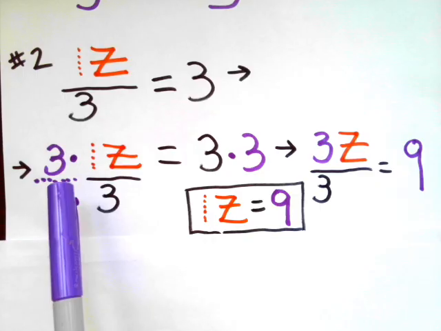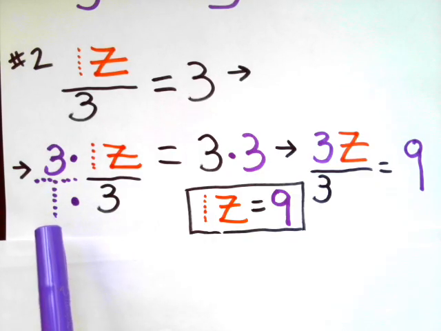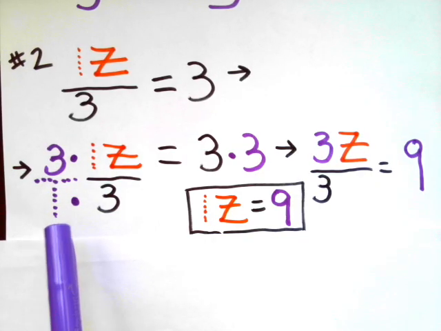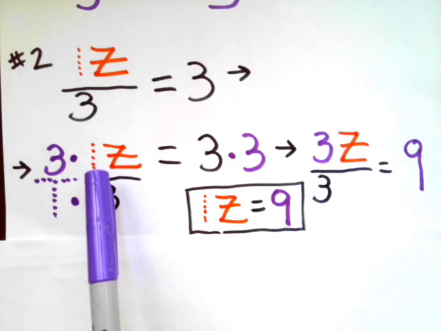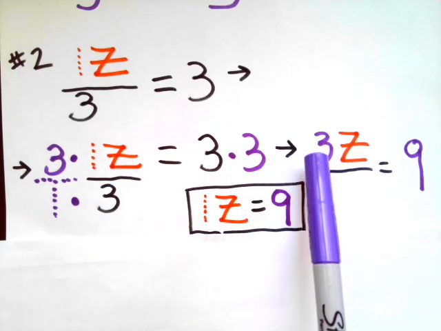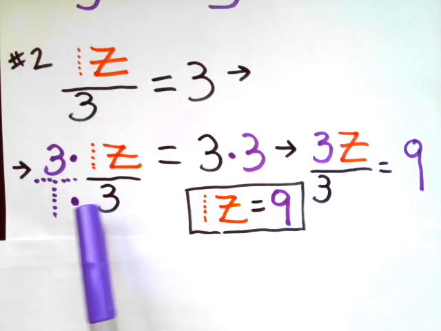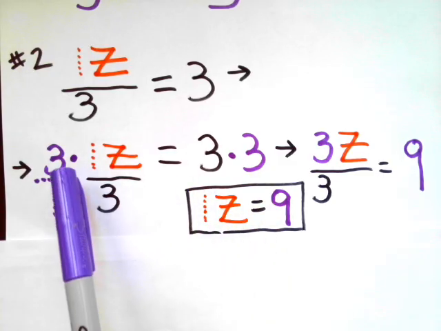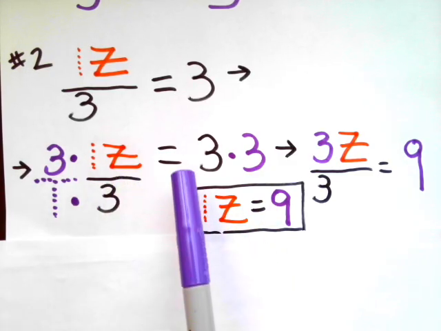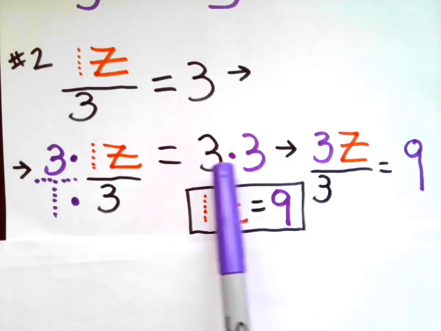Could you write a solid division bar and 1 in the denominator's place? You absolutely could. So I'm just showing you here instructional wise, 3 times 1 is 3z. 1 times 3 is 3. Now what I do to the left side, 3 times z, I have to do to the right side of the equal sign, 3 times 3.